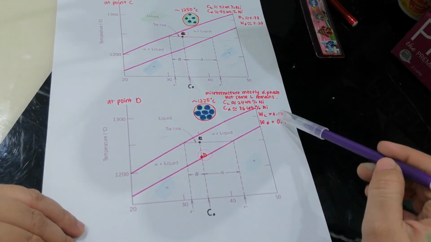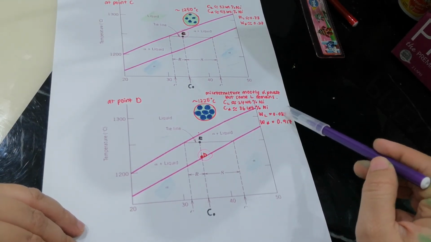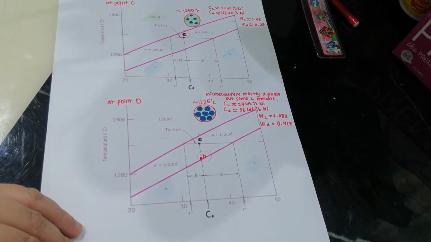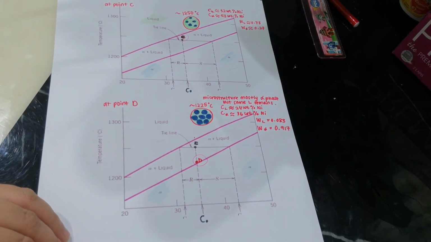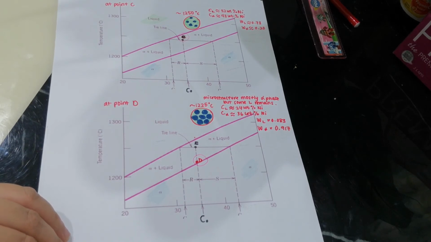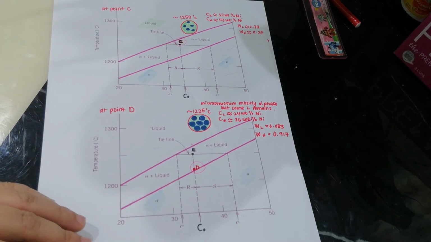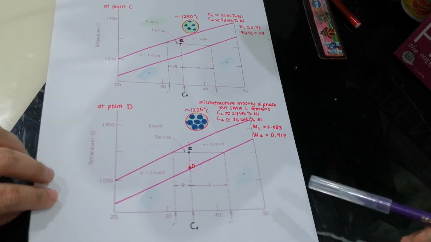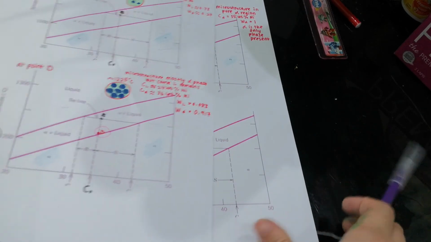When you apply the lever rule there, you will get the fraction of liquid as about 8% and the fraction of solid as around 92%.